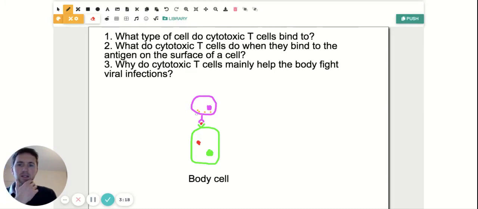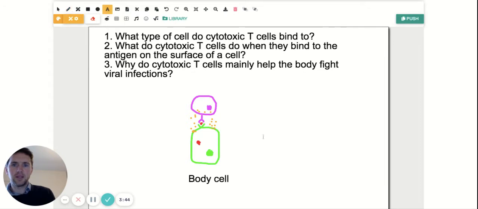They will have made it in their endoplasmic reticulum, remember. It will have been processed in the Golgi and transported out in Golgi vesicles and released. And it is released out of the cell. And obviously then there's going to be a high concentration around that body cell. It inserts itself into the membrane of that body cell.